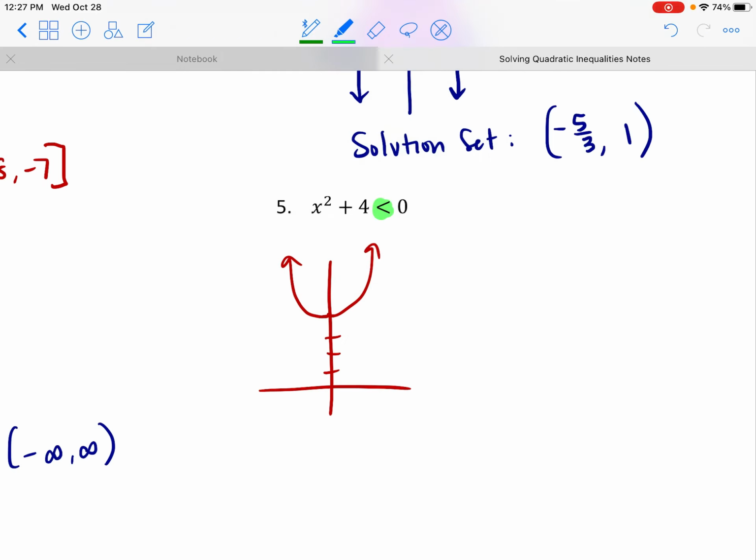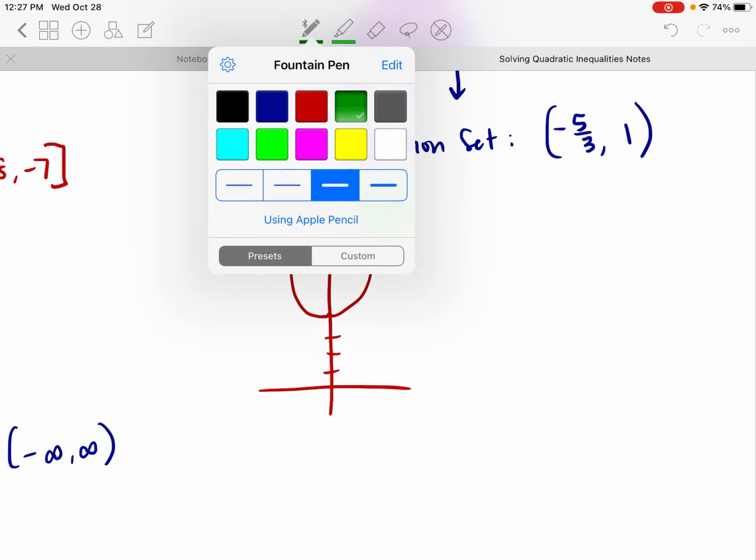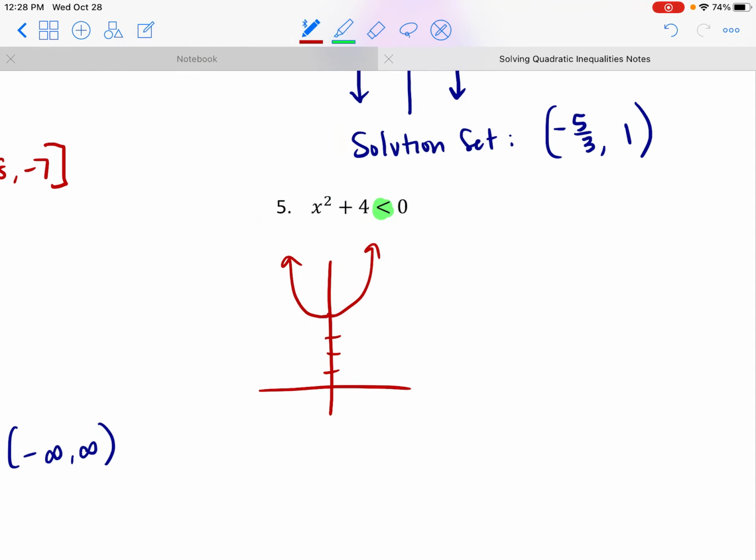Well, none of this graph is below the x-axis, so there is no solution set. No solution set exists for this particular problem. Right? There is no solution or solution set, okay, for this, because none of this graph is below the x-axis.